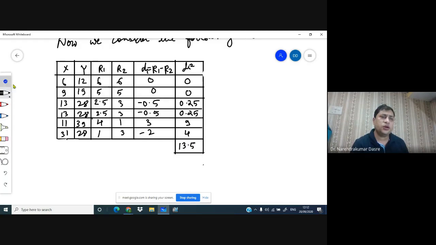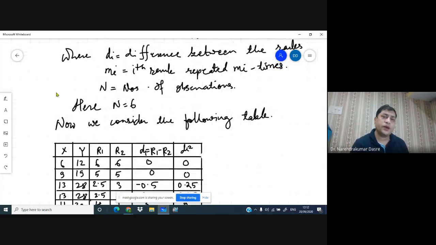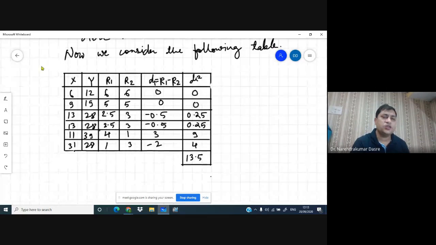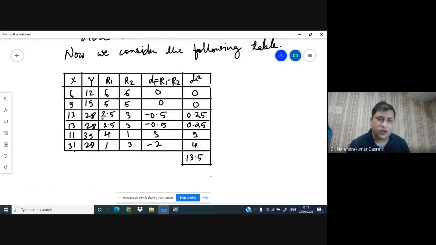Now we have got the summation of di square, but we also need to take care of this correction term. Here mi is the number of times the ith rank is repeated. So how many ranks are repeated here? You can see there are two ranks repeated: one is 2.5, the other is 3.